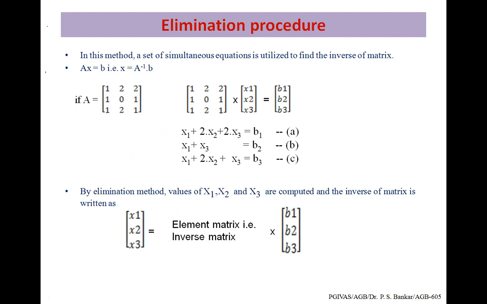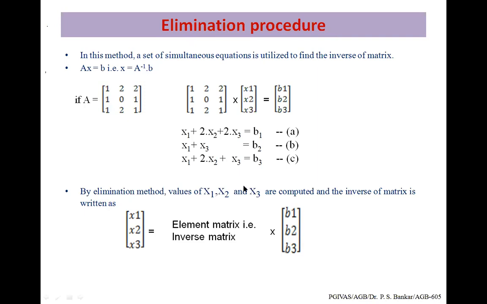Another was the elimination procedure, where we tried to estimate the values of x1, x2, and x3 by transforming our original matrix and its solution. I have given an assignment to solve for the solution by the elimination procedure.